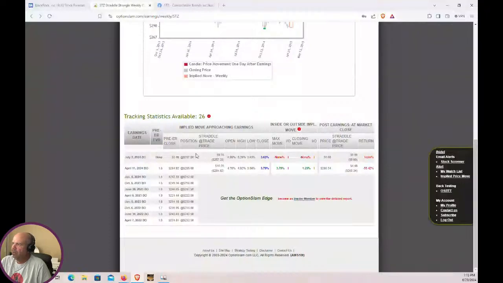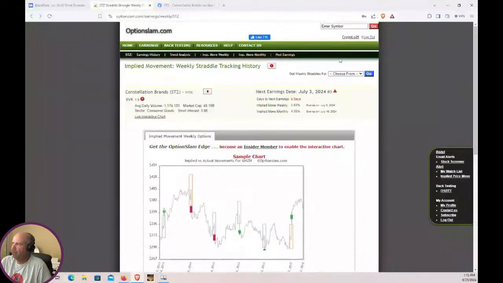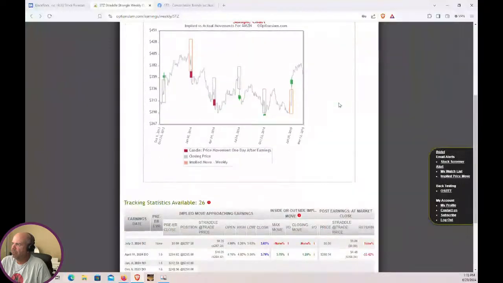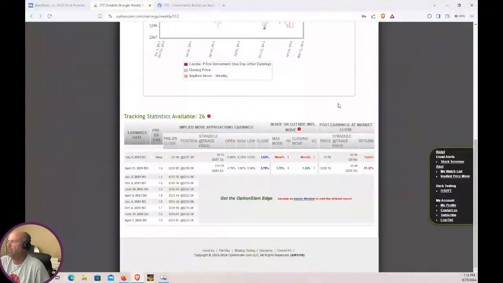So then here on the bottom, if I sign in, I just created the login. I didn't sign up. This costs about $25. It shows all the data from the last earnings. They only open for you the last earnings, April 11, and the pre-close ER was 264.